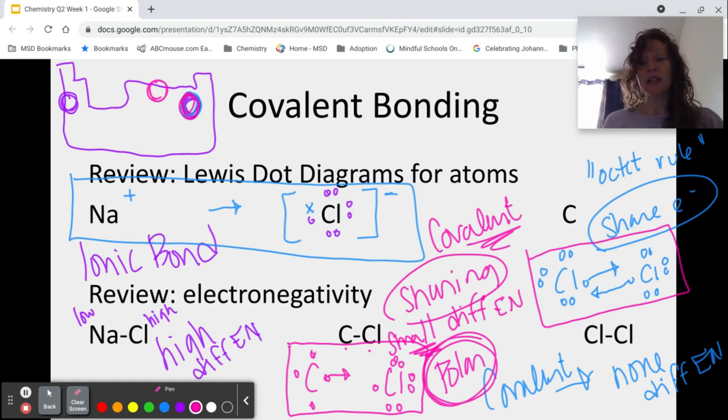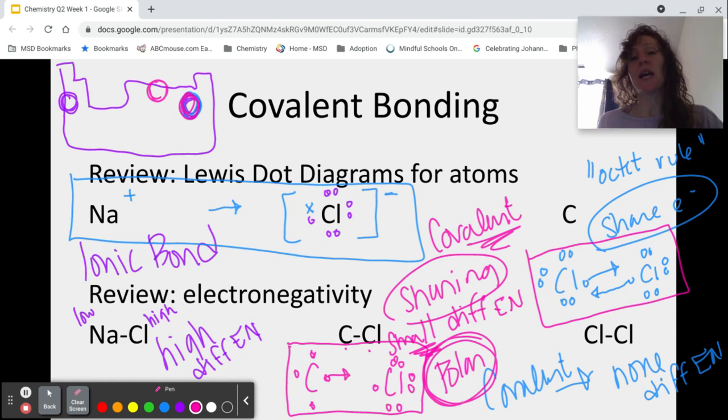Okay, so if we look at our chart here, from the purple to the pink to the blue, from a high electronegativity difference all the way down to no electronegativity difference, the question is, well, where's the cutoff, right? Where's the cutoff between a small electronegativity difference and a big electronegativity difference.